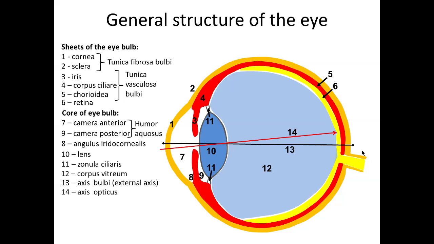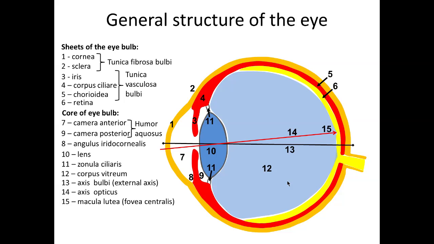So this line, it connects the most internal part of retina, exactly here, where the head of the arrow we can see, this place calls macula lutea, or fovea centralis.